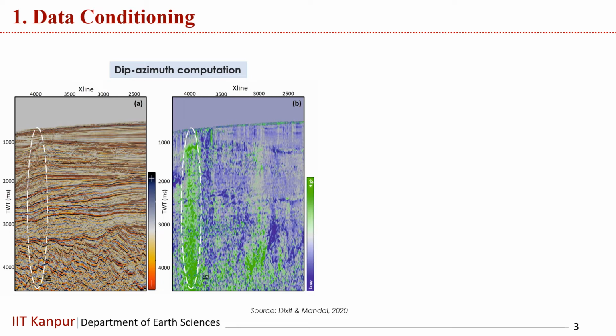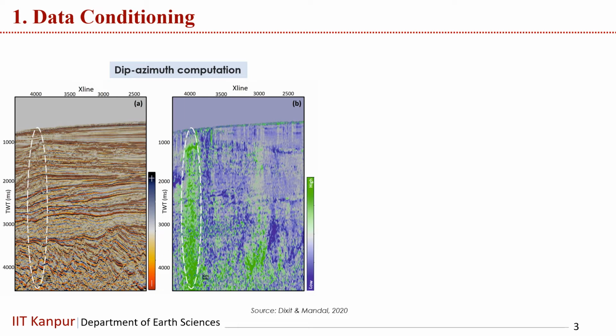Now the features related to gas chimneys are very easily visible, for example, bright spots and the push down features.